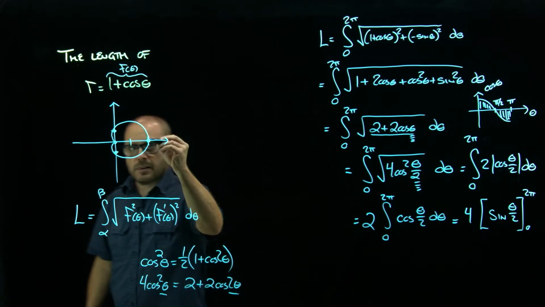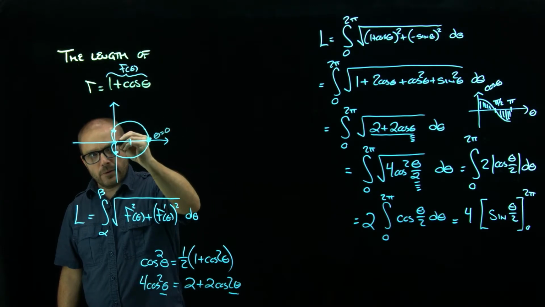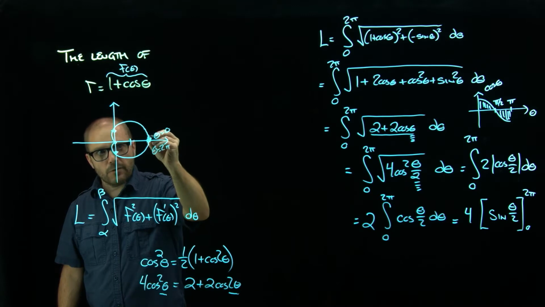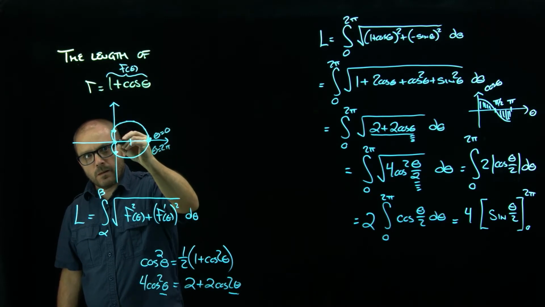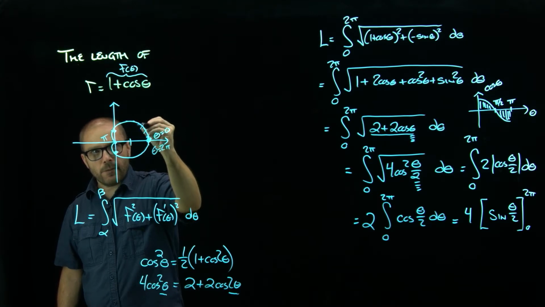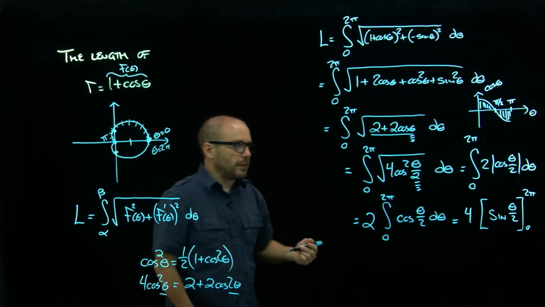Instead of going from 0 all the way around to 2 pi, I'm going to go from 0 to pi. So really, I'm just taking the length of the top half and doubling it.